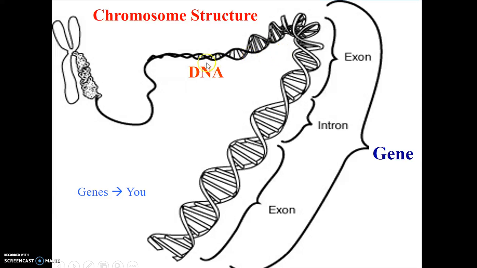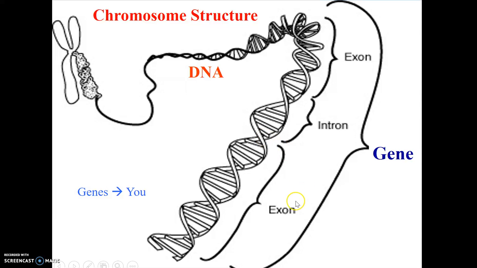If you've learned about the structure of DNA, you know that it is this double helix structure here. It's a two-sided molecule that has nitrogen bases, and the order of these nitrogen bases determines what protein is going to be produced by this particular gene.